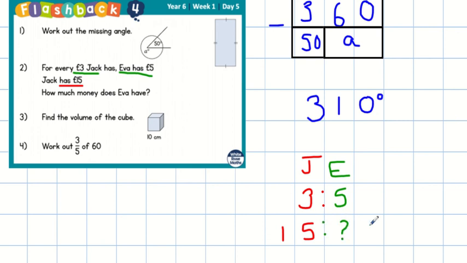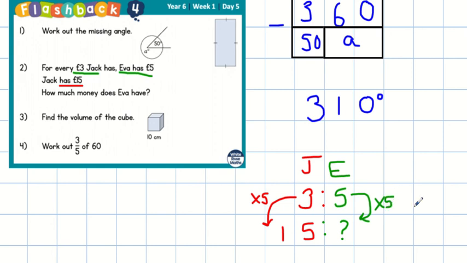Okay, do you have a strategy or a method that you've used at home, year 6? I can see that Jack's amount has increased by 5 lots because 3 times 5 is 15. Therefore, Eva's amount also has to increase by 5 lots.